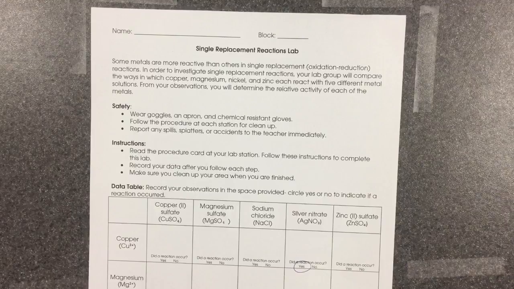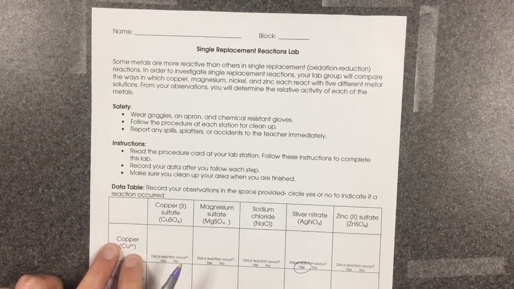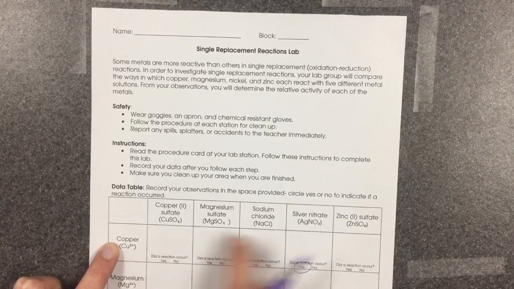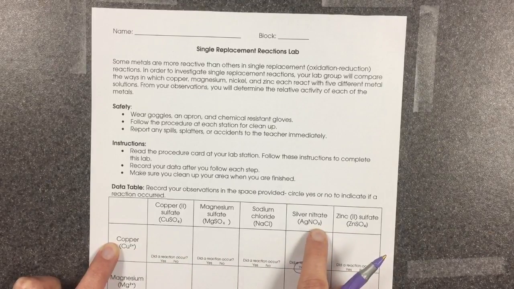When these things react, what's happening is the single element is replacing the element that it is most similar to in the compound. So the two similar elements are going to switch places. In this case, if we took copper metal and put it into silver nitrate, it's going to switch places with the other metal, silver.